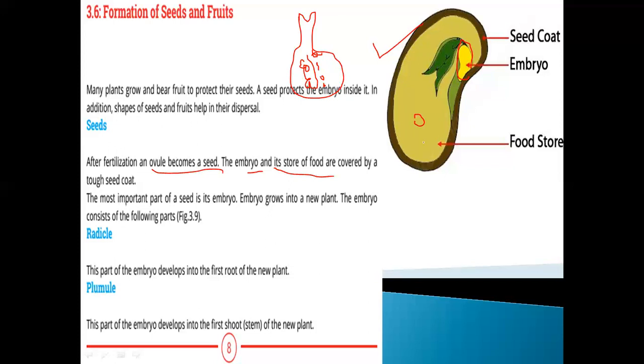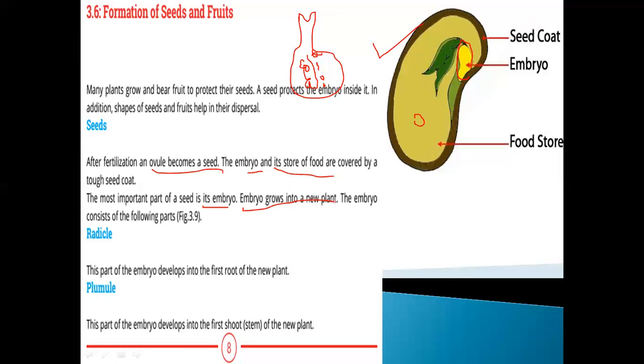These all are seeds, and they are hard for the protection of the embryo inside. When we sow these seeds into the soil, this embryo grows into different parts. So the most important part of the seed is the embryo. The main purpose of the seed coat is to protect this embryo.